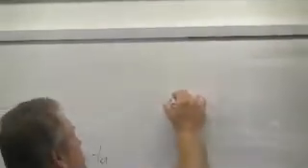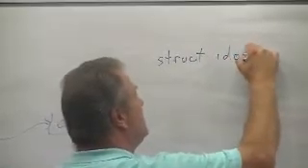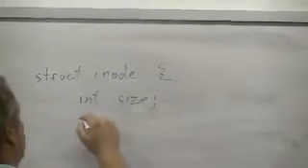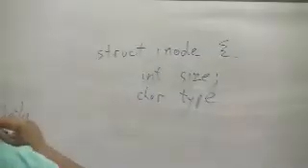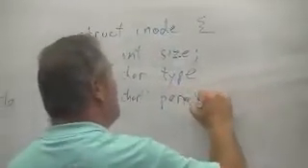So in C, it might be something like, struct inode, with brace and what? Int size. Char type. Perm 8.